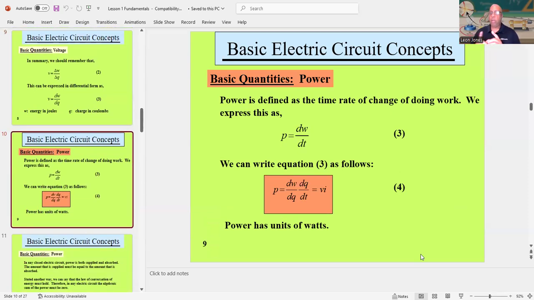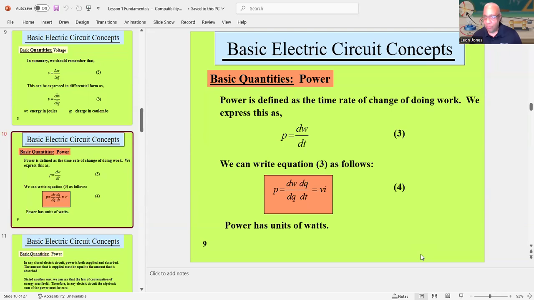And power, if something is defined as a change of any type of rate change, then we deal with derivatives. So power is defined as the time rate of change for doing work. So we express this as P equals dW/dt. So we can write the equation as follows. P equals dW/dQ times dQ/dt, which equals VI.